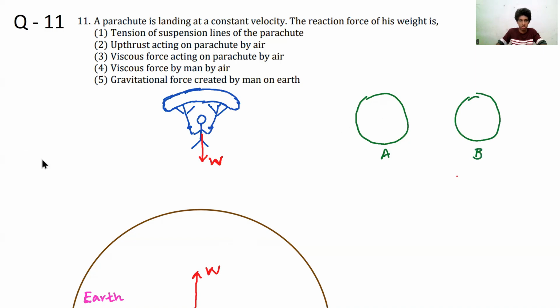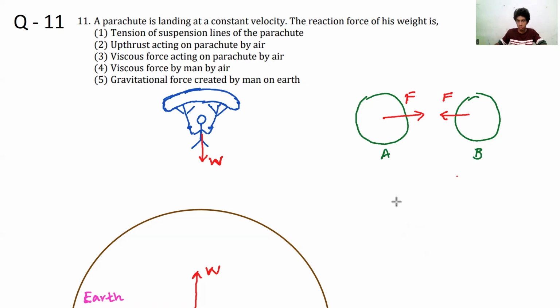So if this is the gravitational force acting on A by B, the reaction force of this force will be the gravitational force created on B by A. So these are action and reaction.